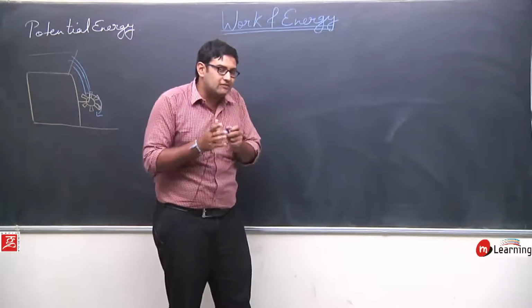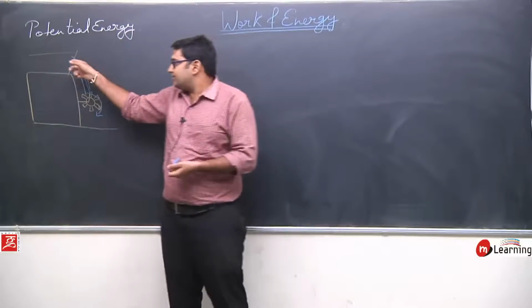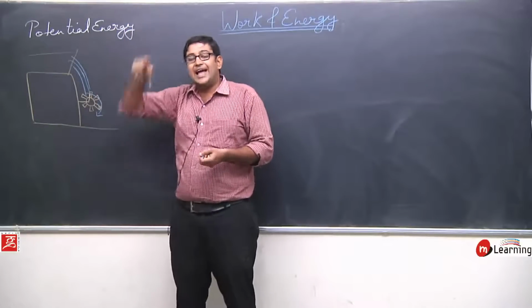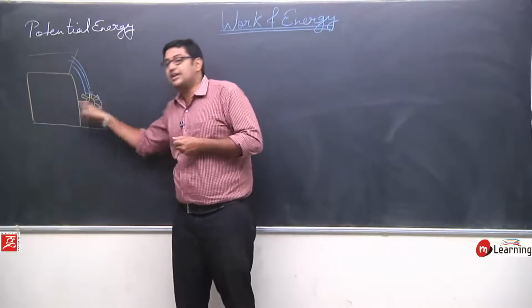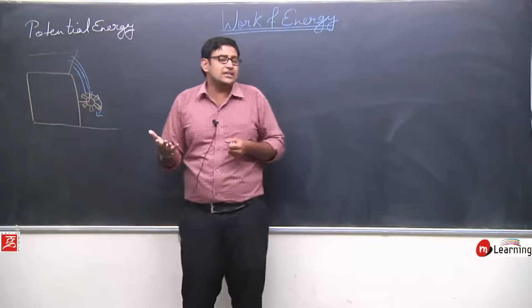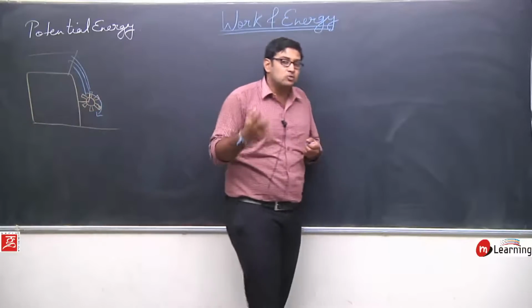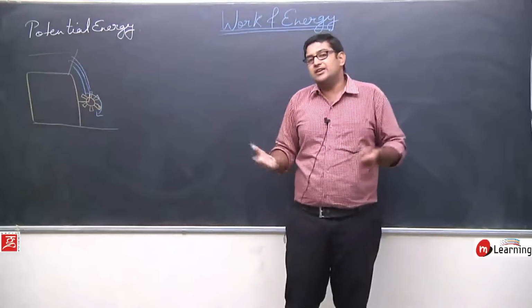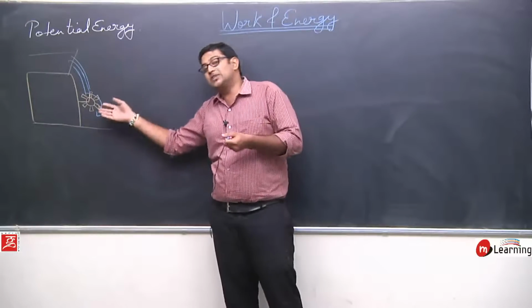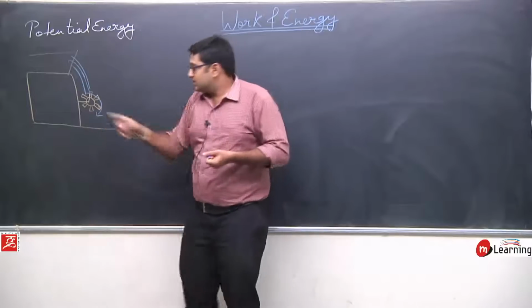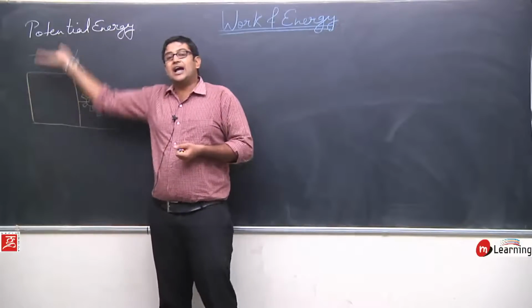The basic thing we need to know here is that water which is kept at the top has the energy to move this turbine. Why is it possible for this water to move the turbine? From where did it get the ability? It's because this water is kept at height.